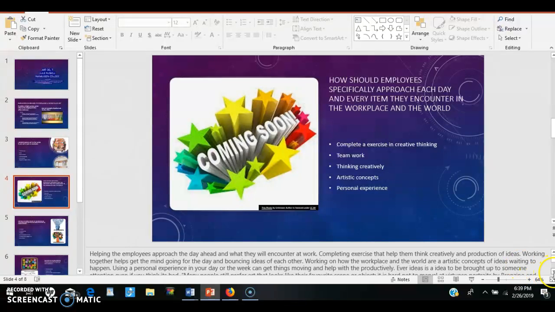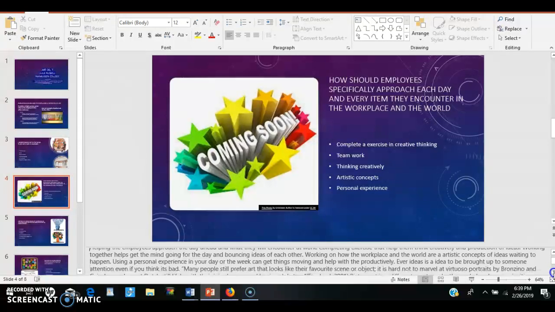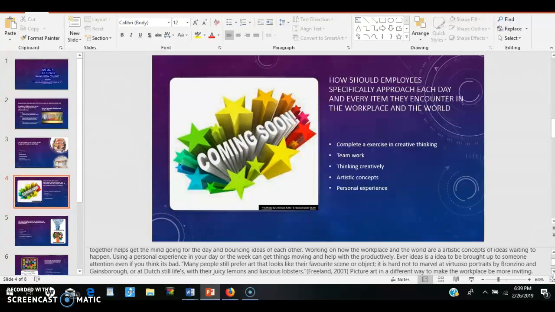Working on how the workplace and the world are the artist's conceptions of ideas waiting to happen. Using a personal experience from your day or week can help things move and help with productivity. Every idea is an idea to be brought up to someone's attention, even if you think it's bad.